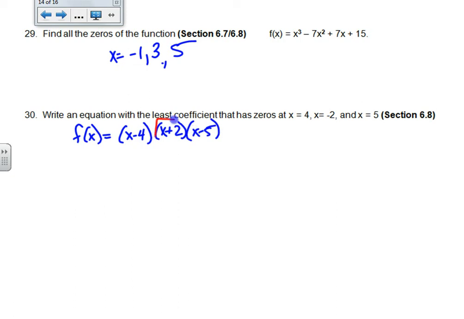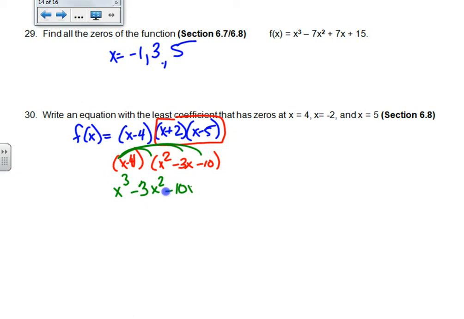And then we need to simplify this by FOILing it out. So I'm going to go ahead and FOIL the back 2. Whoops, it says minus 4. So if I FOIL this together, I get x squared minus 3x minus 10. And then when I distribute the x, because I got to FOIL it all the way out, I get x to the third minus 3x squared minus 10x.